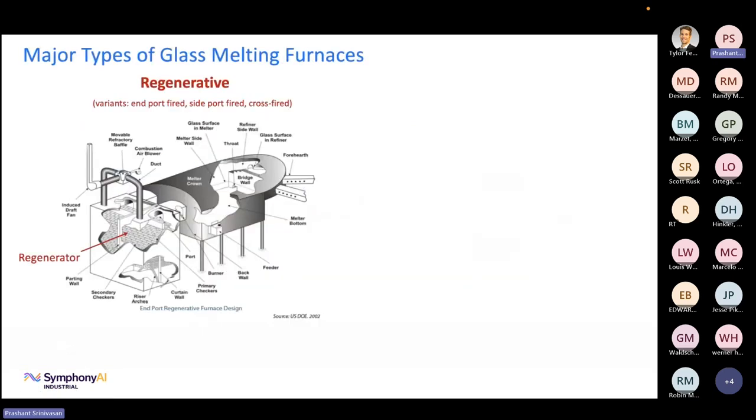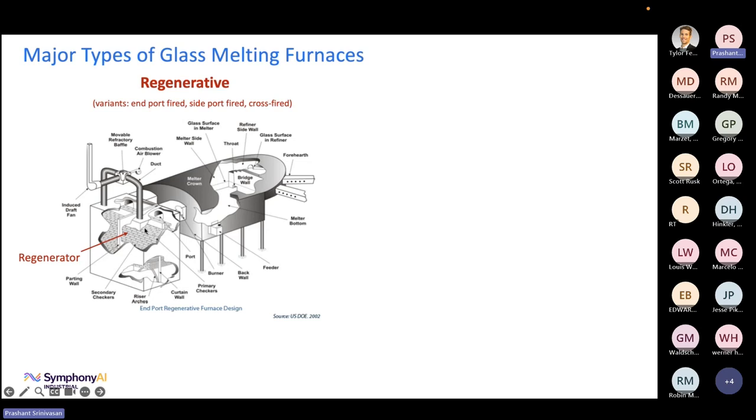Okay, now the furnaces can also be classified as per the way the heat is recovered from the flue gases. So most of the furnaces in the world today are actually gas-fired or oil-fired. So the regenerative type of furnace, basically what it does is it recovers the exhaust heat through these checkered bricks. So you would have a cycling of inlet and exhaust gases.